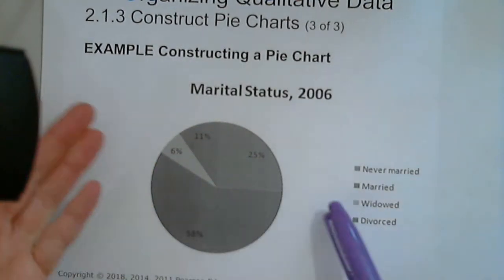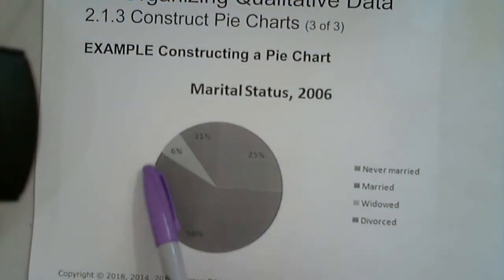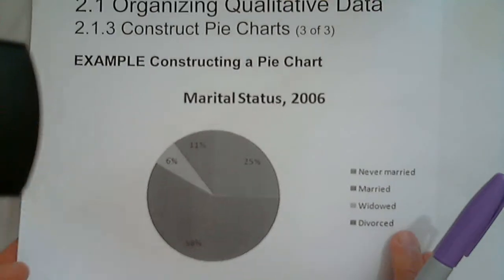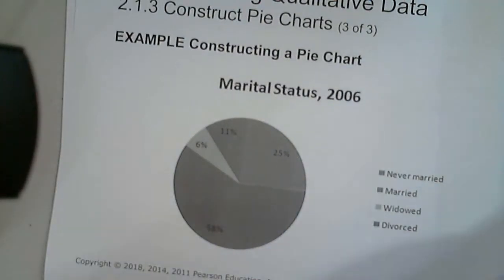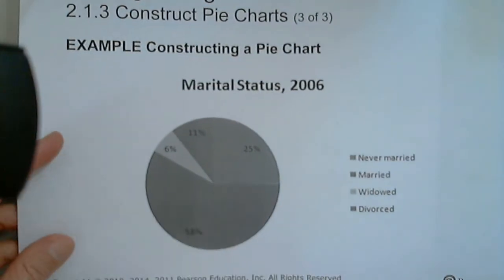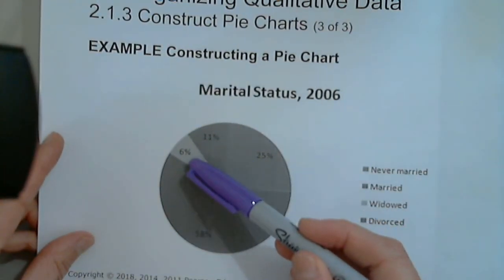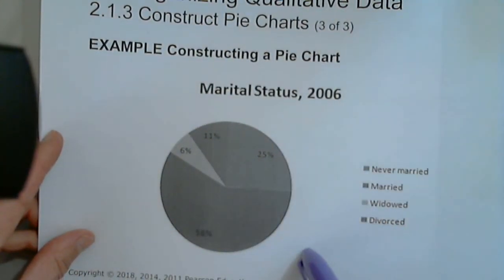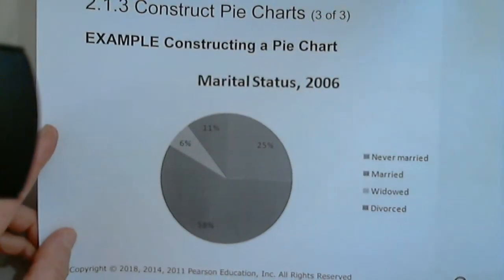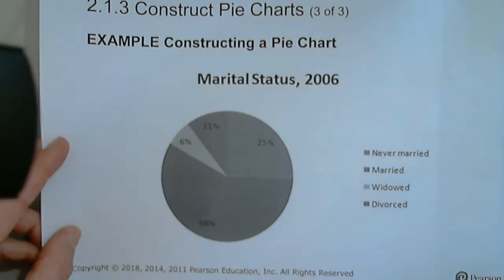Okay, so this is just for you to see a better example. Everything is correct here, but a better example would be, so we see 11%, 6%, 25%. I'm going to scan this for you with the whole notes today.